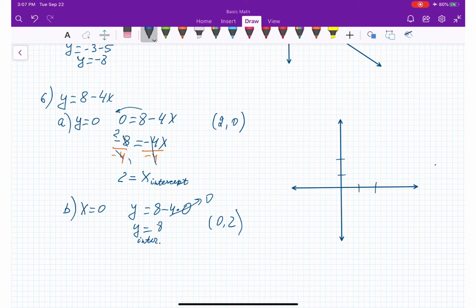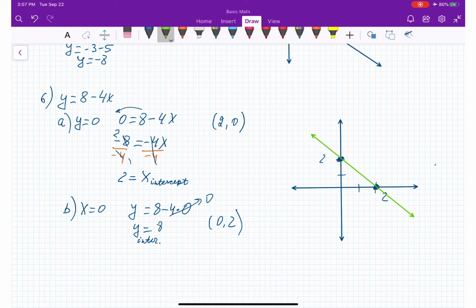So the first one, (2, 0). This is 2 and 0. This is the point here. And the y-intercept, x is 0, y is 8, right here. Okay, we have these 2 points. Let's draw the graph. There we go.